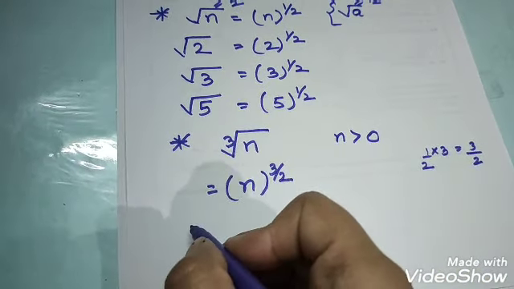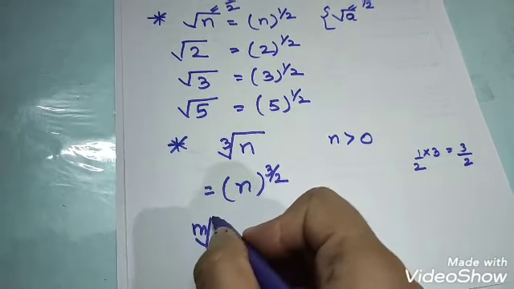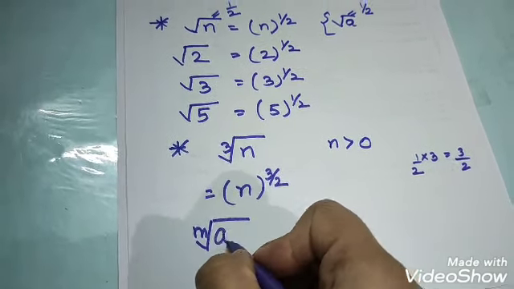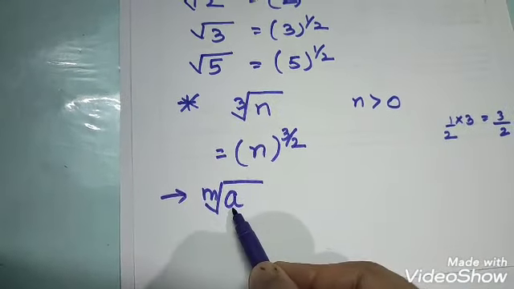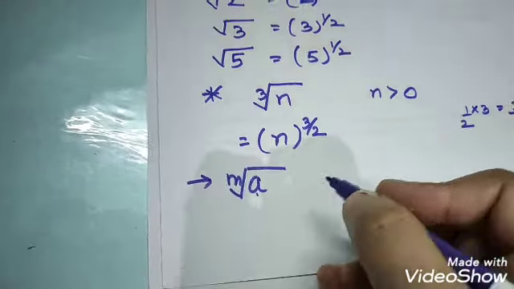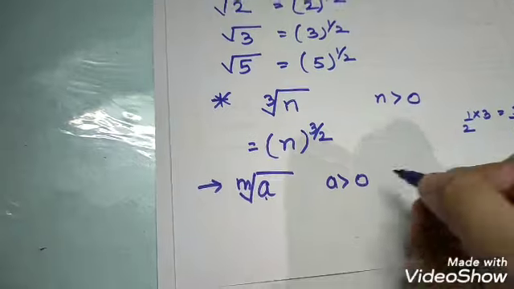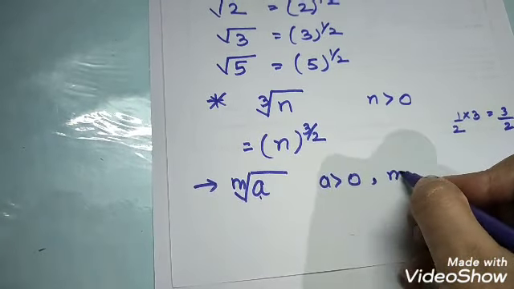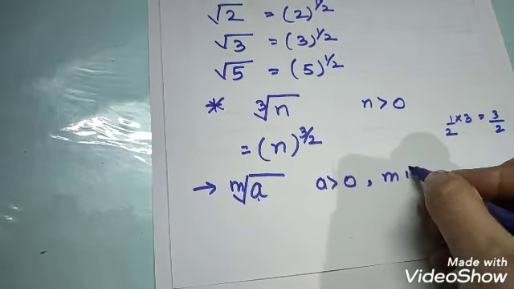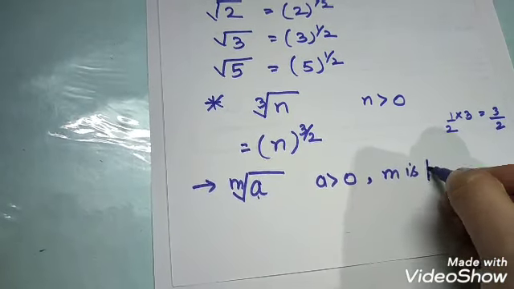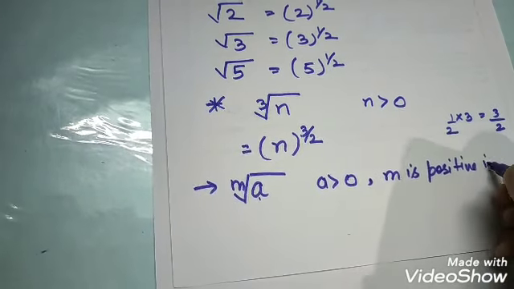In a similar way, if I am writing the m-th root of a, here a is any real number and m is a positive integer.